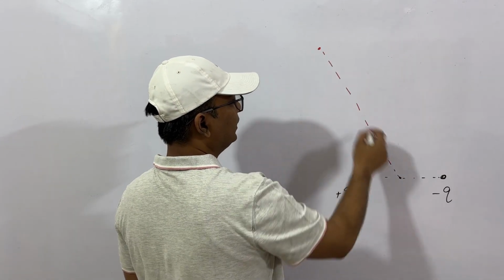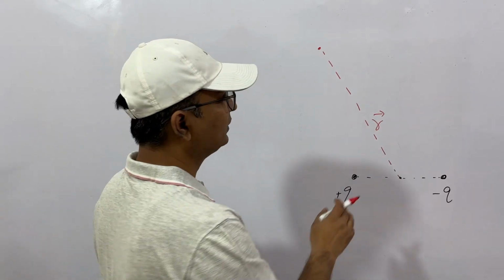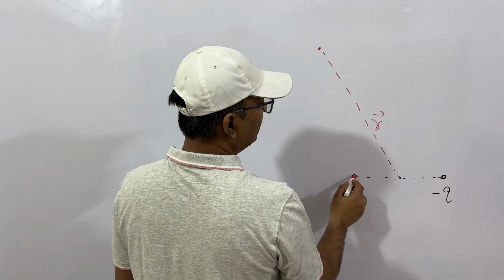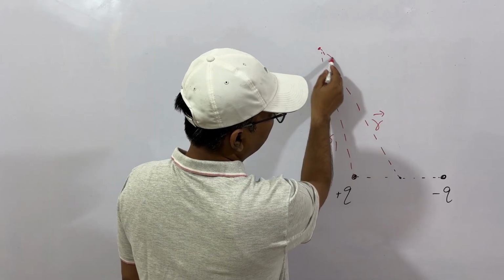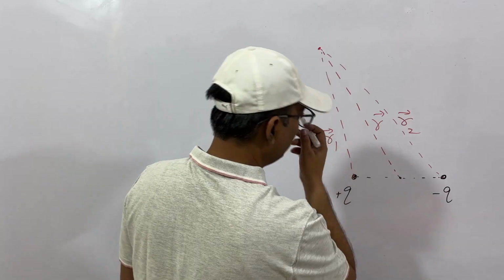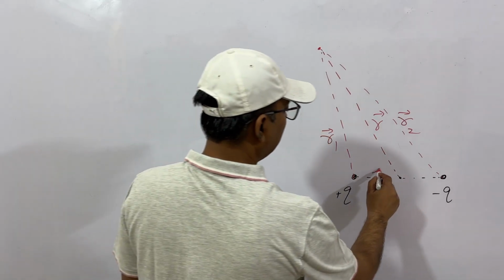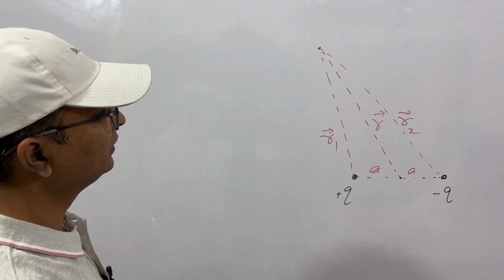This is the point, which is r distant, or the position vector is r from this point. From here to here, it is r1. From here to here, it is r2. These are vectors. The distance between the two charges of the dipole is 2a.